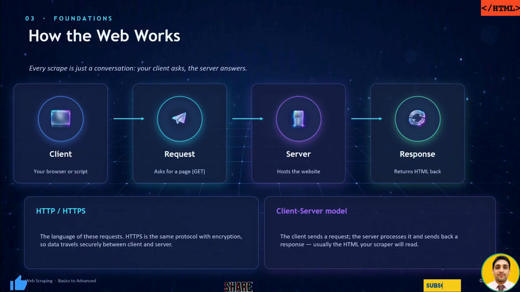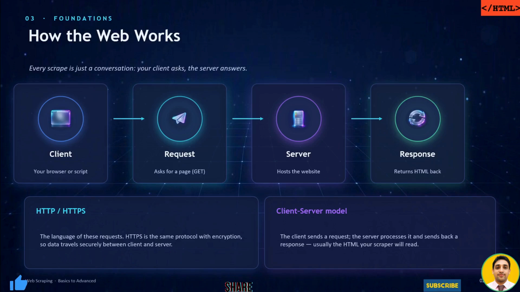How the web works. To understand web scraping, it is important to know how the web works. Every interaction on the internet follows a client-server model. The client, which can be a browser or a script, sends a request to a server asking for a web page.